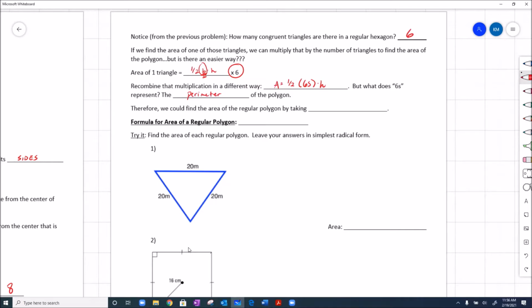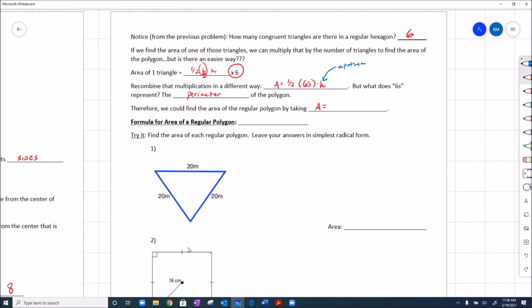Therefore, we can find the area of a regular polygon by taking 1/2. Remember that when we looked at the height here, when we're talking about a regular hexagon, we call this the apothem, right? We use that apothem as a height.